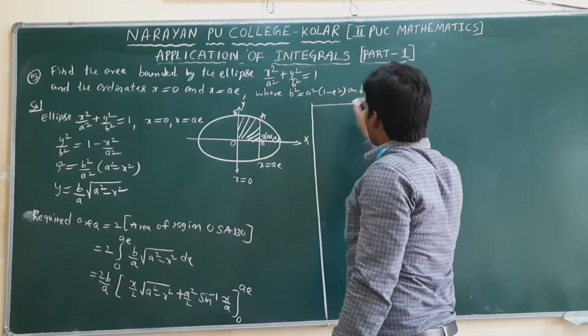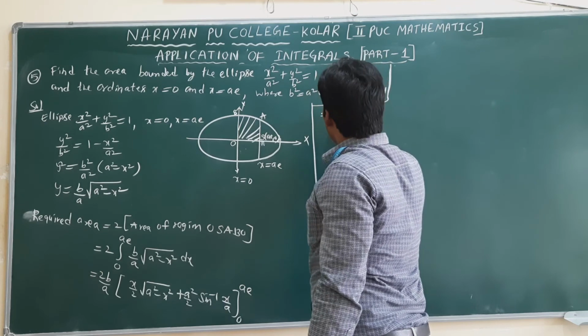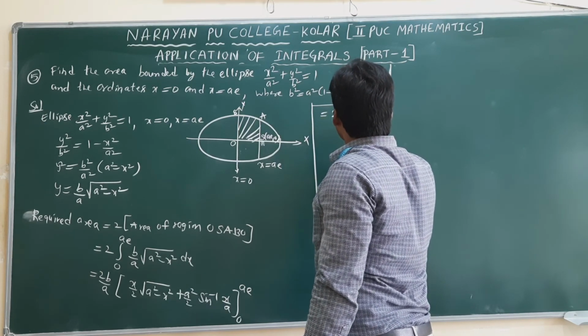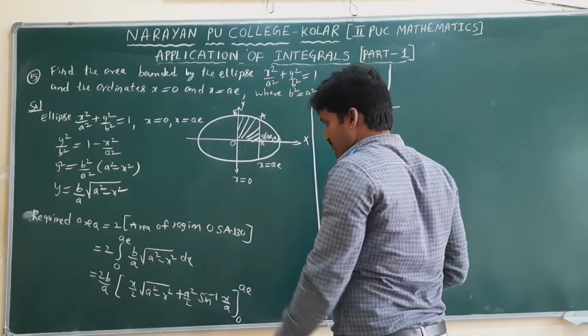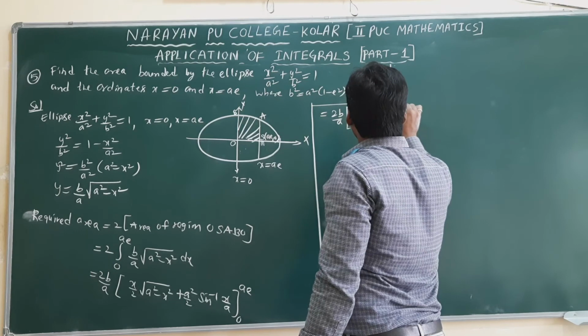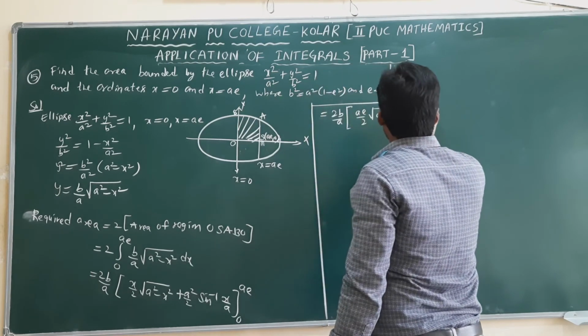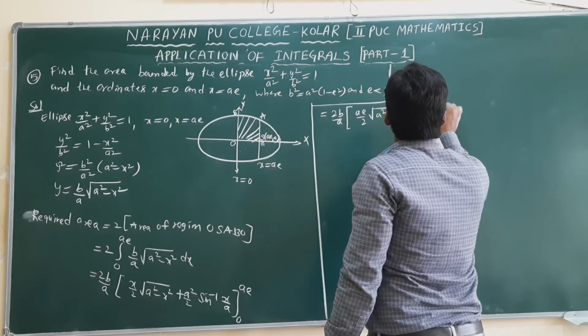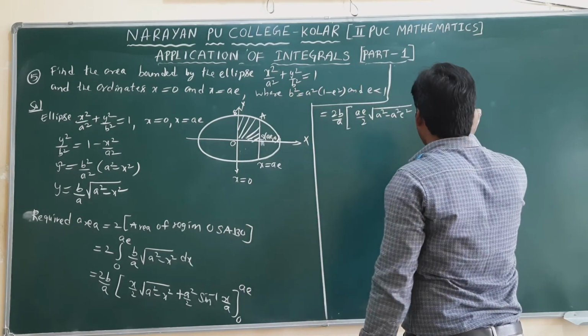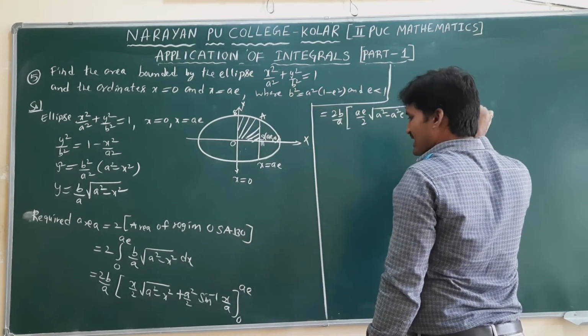Now substitute the upper limit. 2b by a. Substituting the upper limit: AE by 2 under root of a square minus a square e square, plus a square by 2 sin inverse of x by a, AE by a, that is E, minus the lower limit.